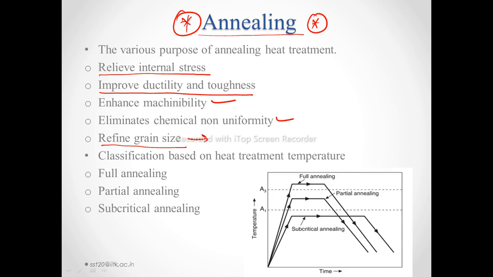Okay, so in general there are different kinds of annealing processes. I will explain the general process first, and each and every process will be explained in detail. First of all, we will heat the sample to a predetermined temperature and hold it for some time to get the required microstructure or required property, and then very slow cooling is required.